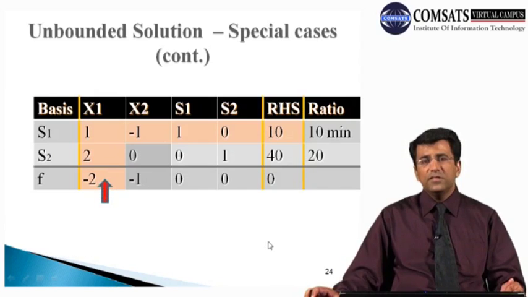Now class, after the initial solution, if we put the coefficient values of these equations in this particular table, we can get the initial tableau of this problem. And again, because we are interested in maximization, we'll have to check the optimal condition that all the coefficients of the objective function should be positive. There are two negative values in this particular case, and this is the maximum negative value.